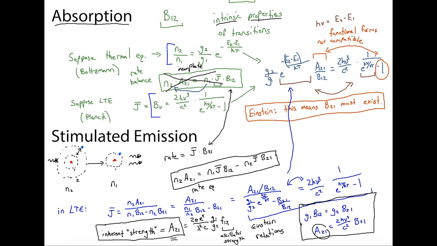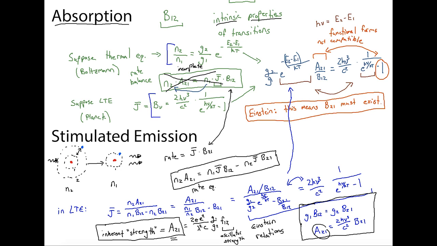So if you look up the strengths of transitions on a table on a NIST archive, for example, you may see A21s, the Einstein A coefficients, or you may see the oscillator strengths, F12s. They're fundamentally related.